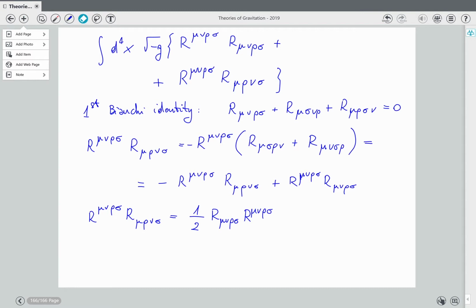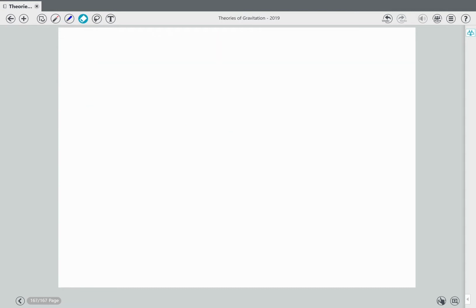So we study a particular combination of those three quadratic terms that is called Euler characteristics.